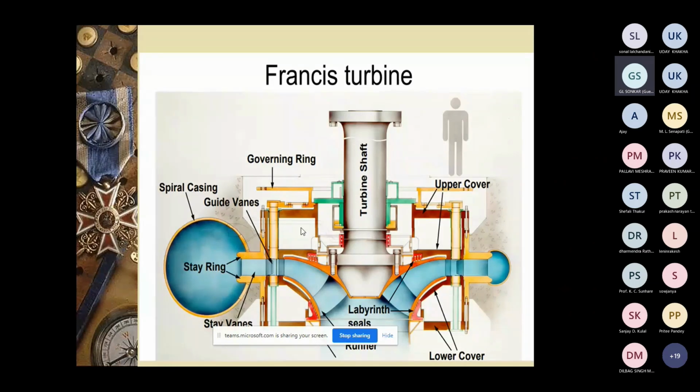You can see the stay vanes, these are the fixed vanes, and the guide vanes are the movers. The control of water according to the power generation is done by the guide vanes. The guide vanes are connected to the crank lever mechanism. Then the lever is connected to the operating ring. Then the operating ring is connected to the servo motor.